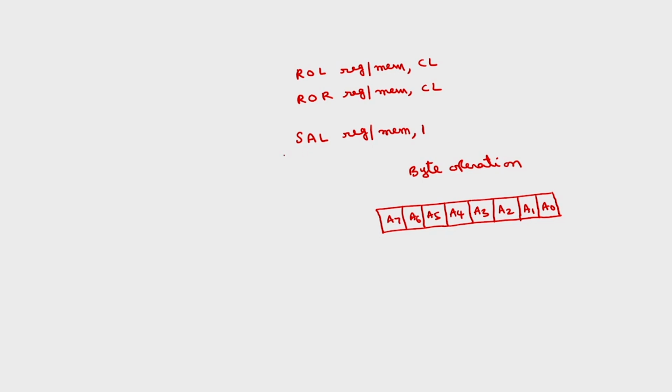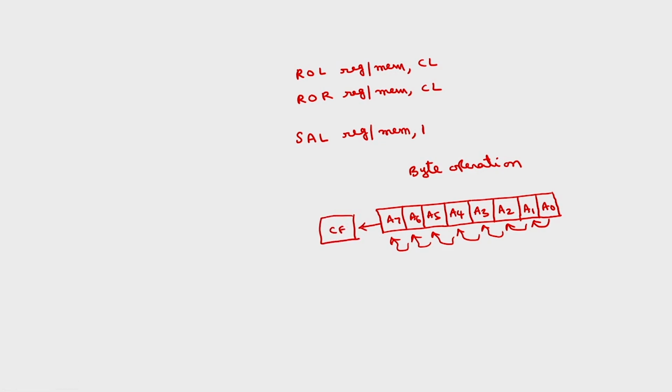So, in case of SAL, we are going to shift left. If instead of shift it is a rotate operation, the same way the contents of A0 will move to A1, A1 to A2, A2 to A3, A3 to A4, A4 to A5, A5 to A6, A6 to A7. Here also the same operation, but the only difference is that in case of shift operation, the contents of this A7 will move to the carry flag.